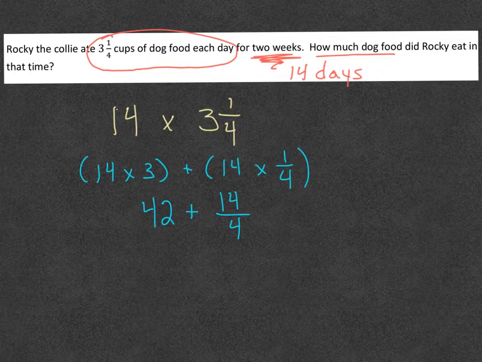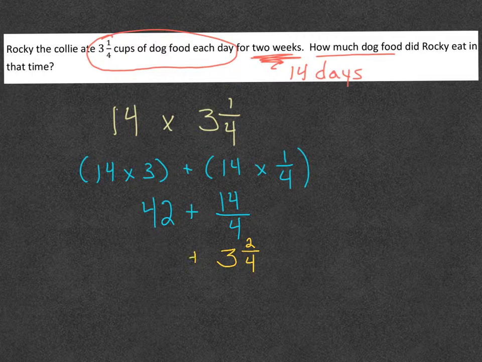We can pull out 3 wholes, because 3 times 4 is 12. 12 taken away from 14 gives us 2. So we are left with 3 2/4.